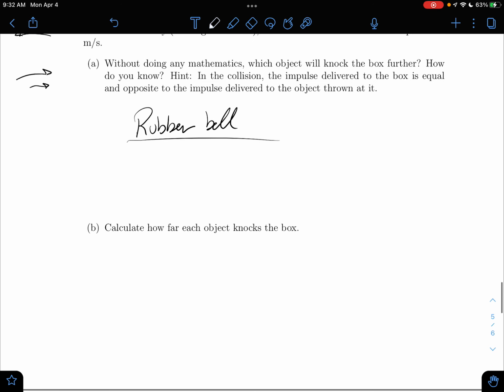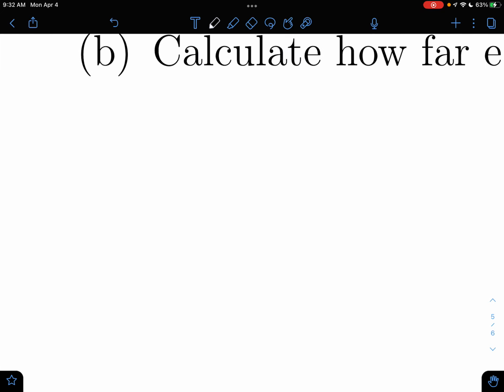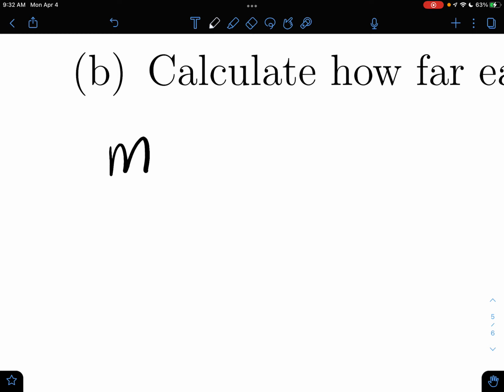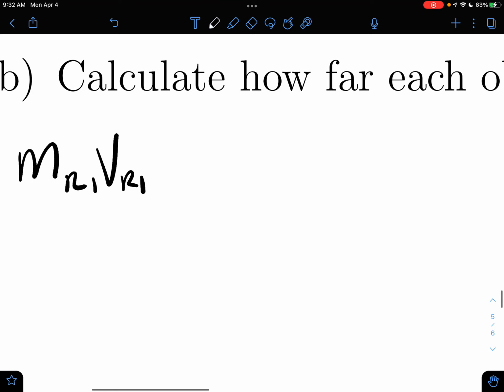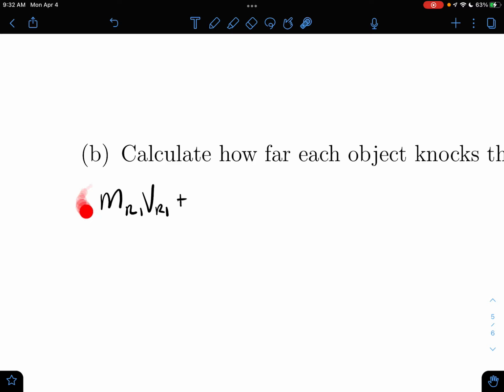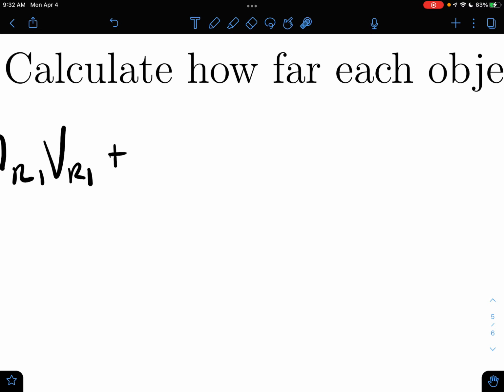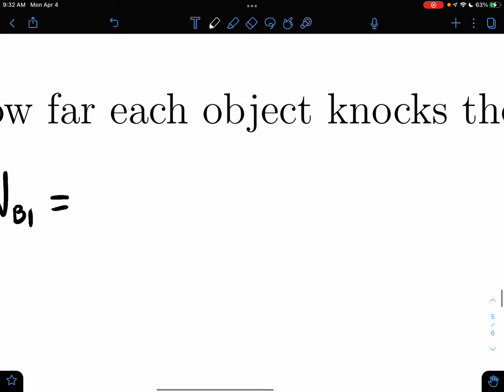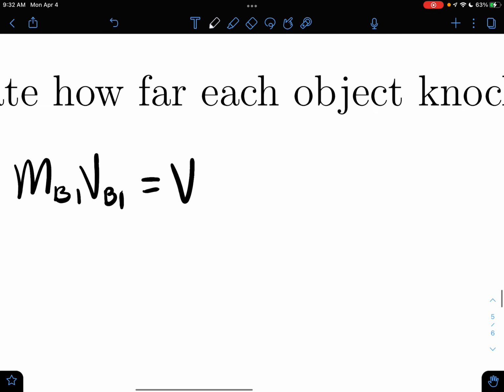So now we get to do some math and prove this hypothesis. This is the scientific method at work. I'm setting up conservation of momentum. Our initial momentum of the rubber ball plus the initial momentum of the box, MB1 VB1, is going to equal our final momentum of both added together: MR2 VR2 plus MB2 VB2.